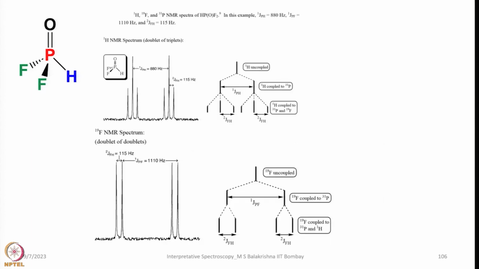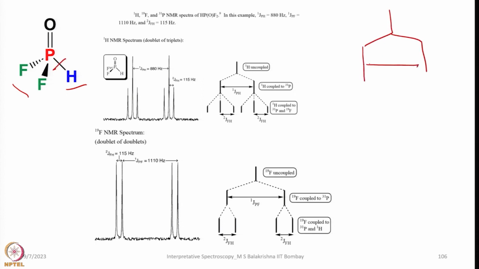Now, let us move on to another example where instead of one F we have two Fs, and instead of OH we have an H here, and again we can interpret the data in a similar fashion. First, let us take up 1H NMR. First it will be split into a doublet.